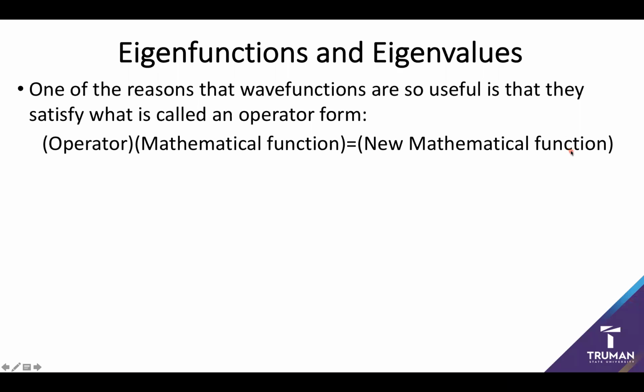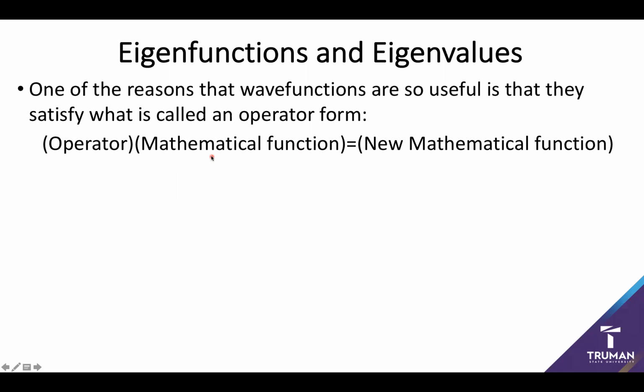So the general idea of the operator form of mathematics is you apply some operator, which is usually some sort of mathematical operation. So multiplication, division, rarely addition or subtraction, but very often differentiation. So what we can do is apply this type of mathematical operator to some sort of mathematical function.